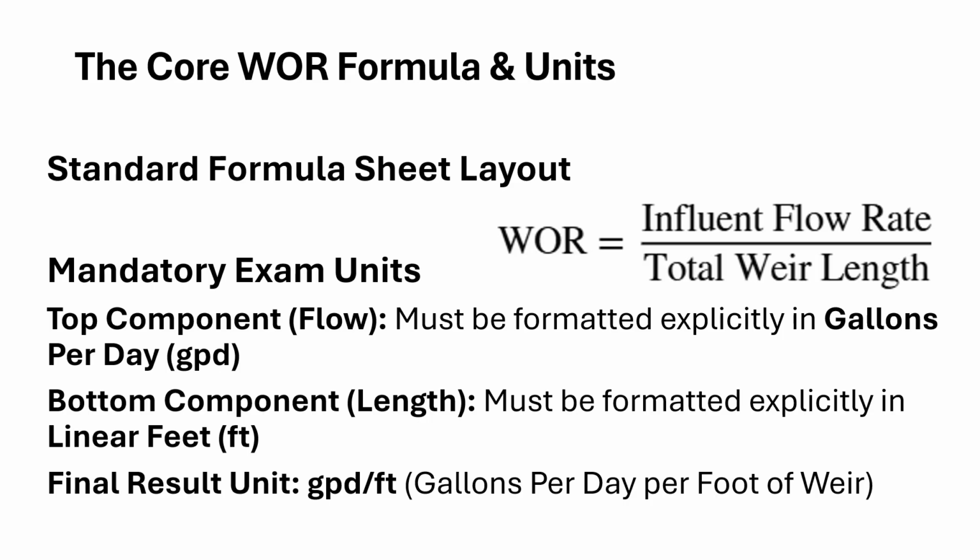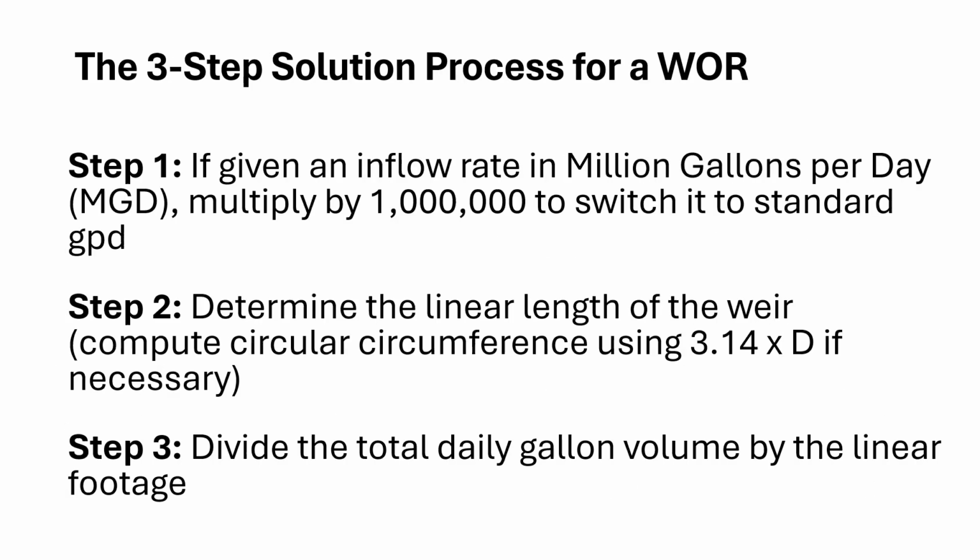GPD per foot, but that's what it stands for, gallons per day of influent per foot of weir. Okay, so here's how we would solve a problem for a weir overflow rate. First of all, if we're given an inflow rate in millions of gallons per day, or MGD, we multiply that number by 1,000,000 to switch to the standard gallons per day.